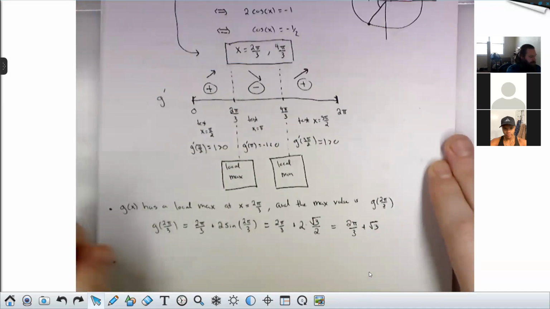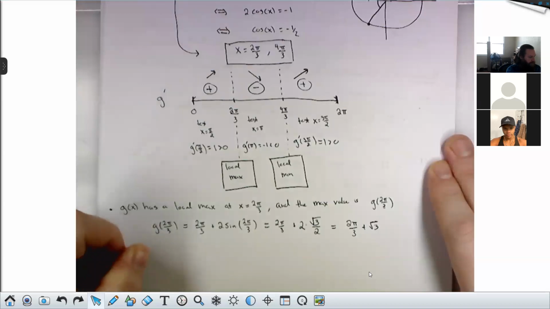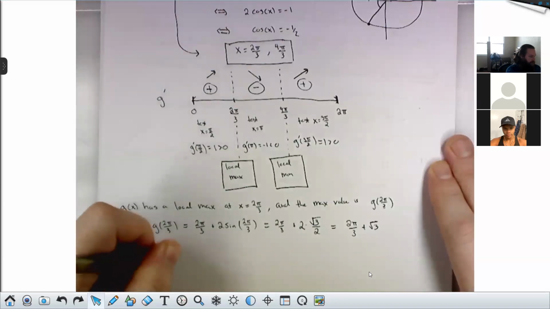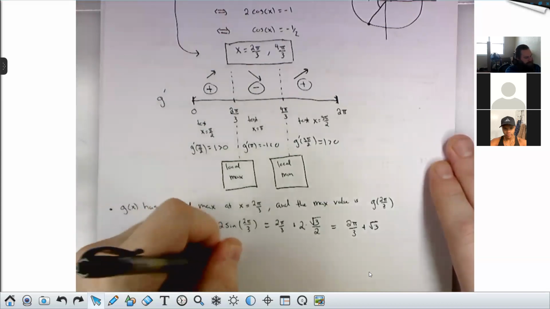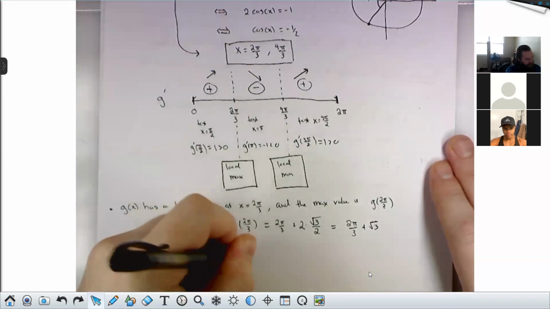Also, we can say g of x has a local min at x equals 4 pi over 3.